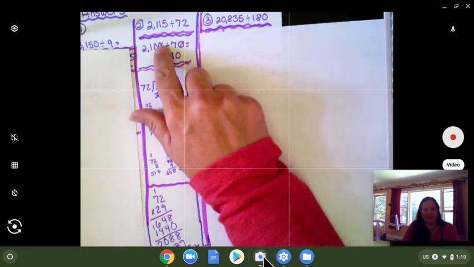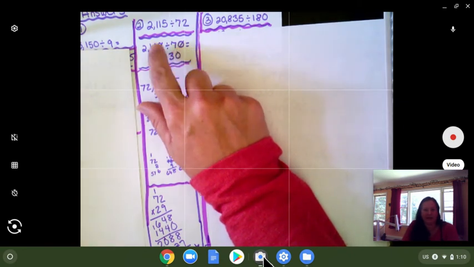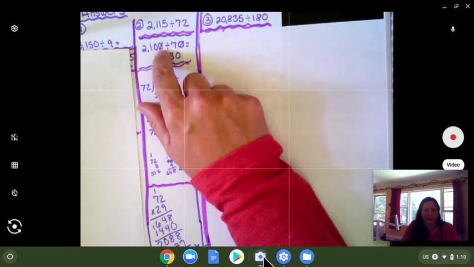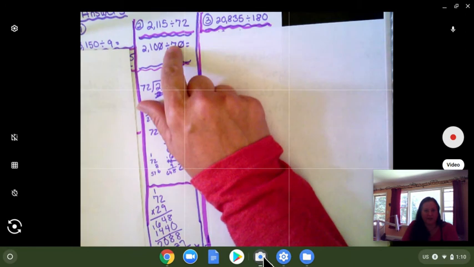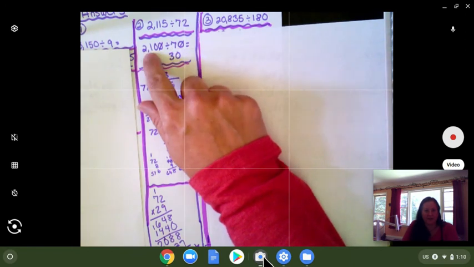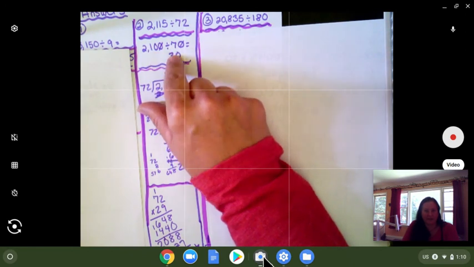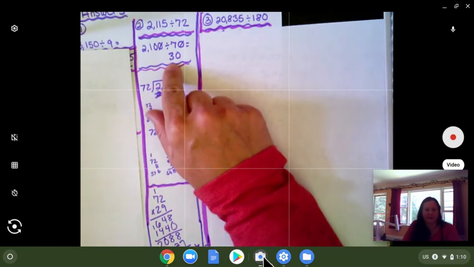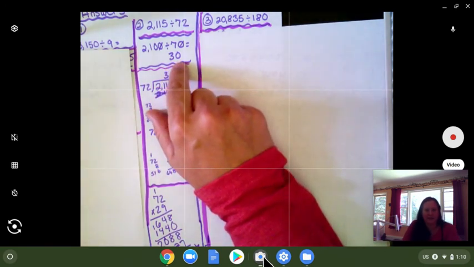I use the place value rule that if you're dividing a number with that extra 0 in the divisor and you have a 0 in your dividend, you can get rid of those zeros and just do the shortcut. 21 divided by 7 is 3. 1 extra placeholder is 0. So I knew my compatible number was 30, and that tells me I have 2 digits.